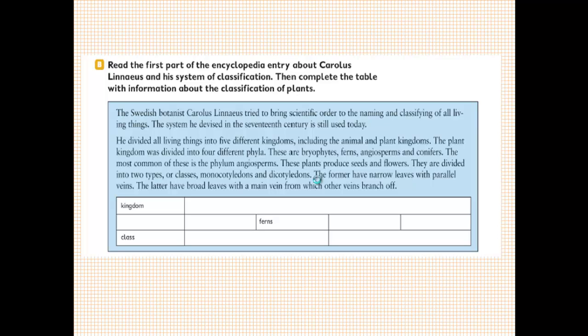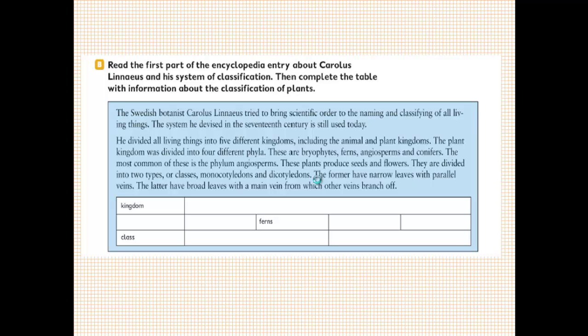The Swedish botanist Carlos Linnaeus tried to bring scientific order to the naming and classifying of all living things. The system he devised in the 17th century is still used today. He divided all living things into 5 different kingdoms, including the animal and the plant kingdoms. The plant kingdom was divided into 4 different phyla.